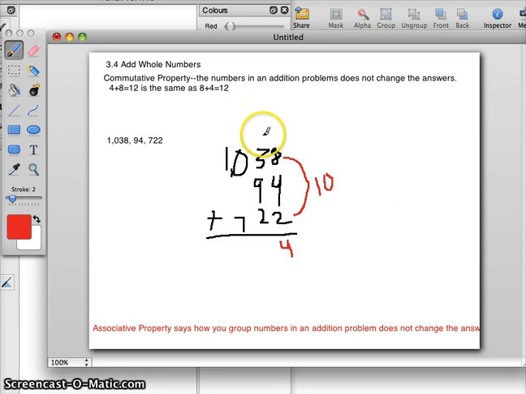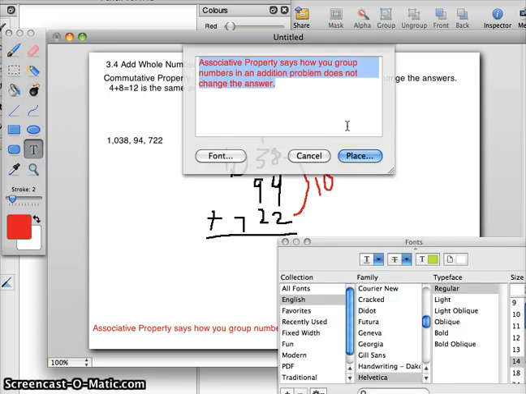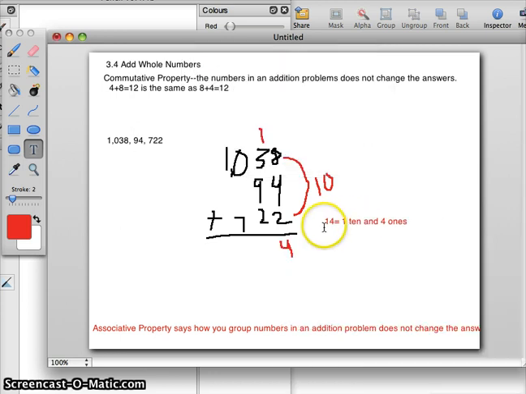Now we put the 4 here and we have to carry that 1 because we have 14. Basically, we need to start thinking that 14 equals 1 ten and 4 ones.